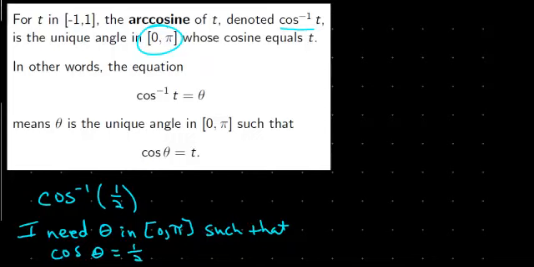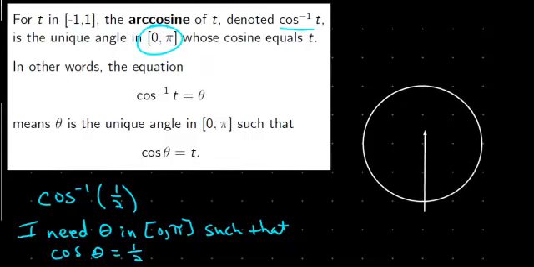Okay? Let me draw a circle. It's a pretty little circle. Okay, so we need to know, when is the cosine going to be equal to 1/2? That's my 1/2 mark right there.